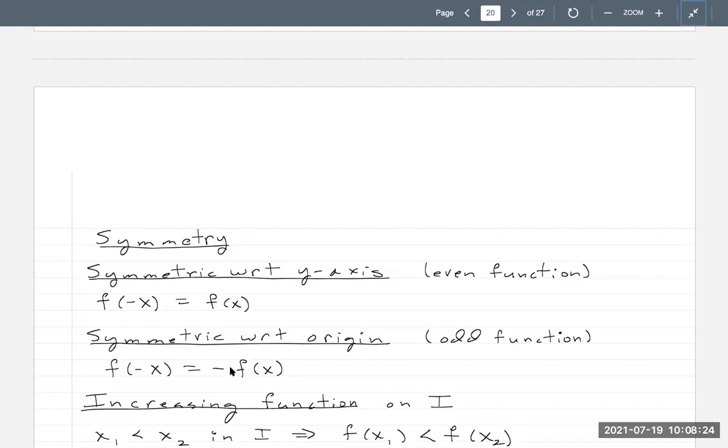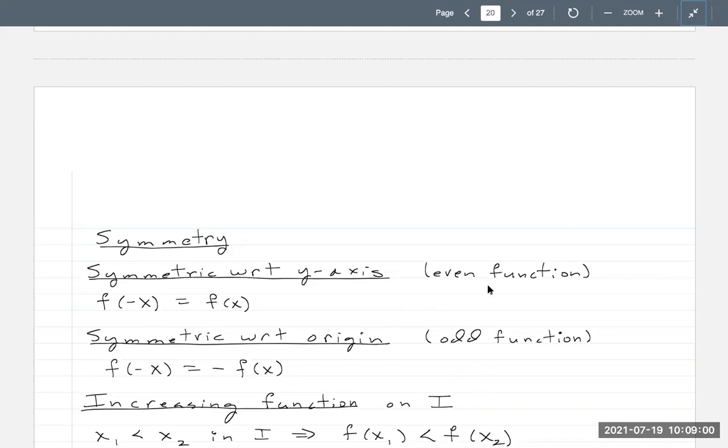Please note that if f is a power function with natural number exponents, then if that exponent is an even number, the function will be an even function. If that natural number exponent is an odd number, then the function will be an odd function.